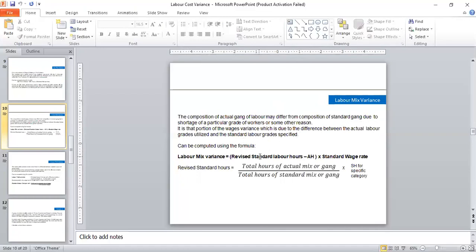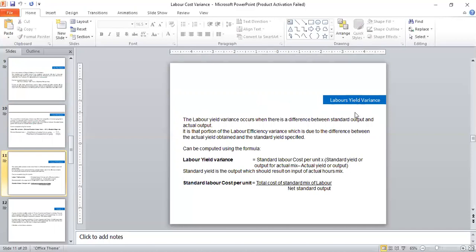It can be computed using the formula: labor mix variance is equal to revised standard labor hours minus actual hours multiplied by standard wage rate. Revised standard labor hours is equal to total hours of actual mix of gang divided by the total hours of standard mix of gang multiplied by standard hours for a specific category.